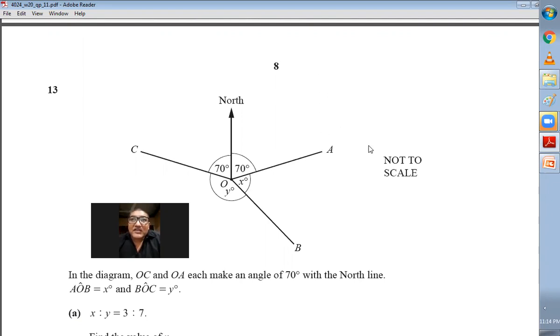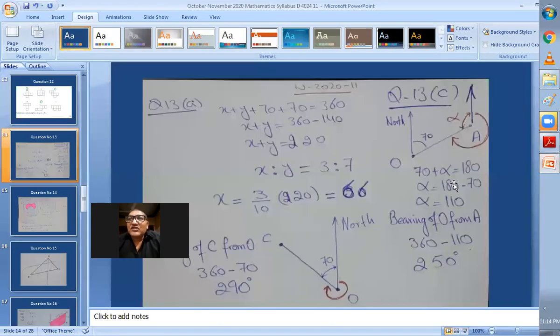Then from that north, I will move clockwise and reach this line AO. Whatever angle that is clockwise, that is the bearing of O from A. I've done this on a paper. Let me show you. Here you can see that I have plotted O and A, and I know that this angle is 70. Here on the O, we already have a north.